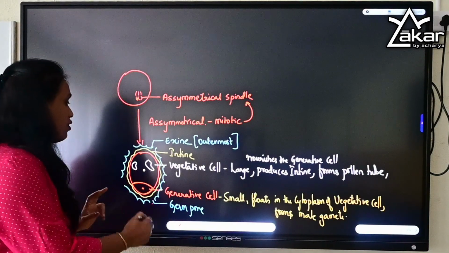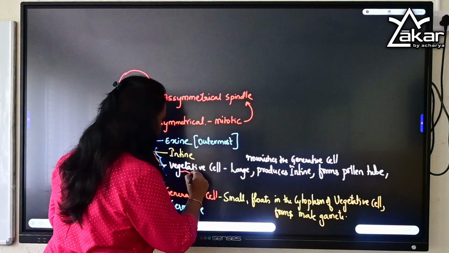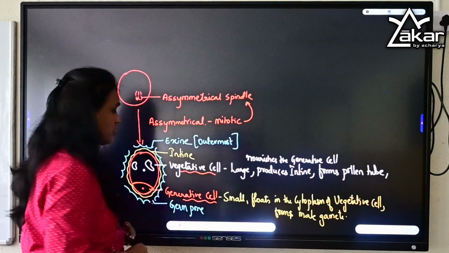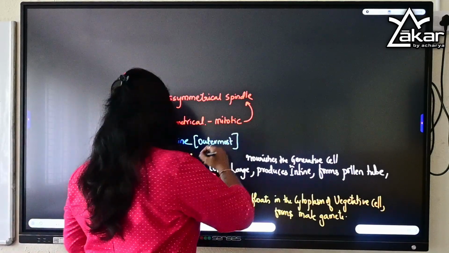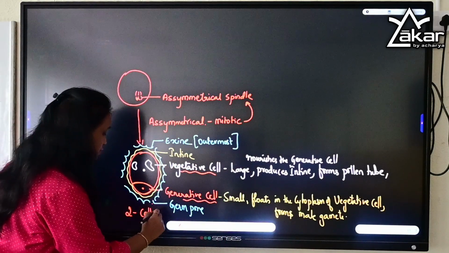So here how many cells are we finding? Two cells. One is the vegetative cell and the other one is the generative cell, and this stage is called the 2-celled stage.